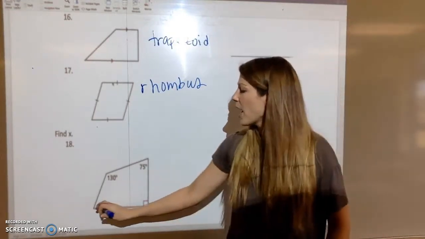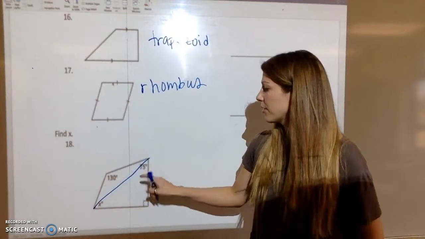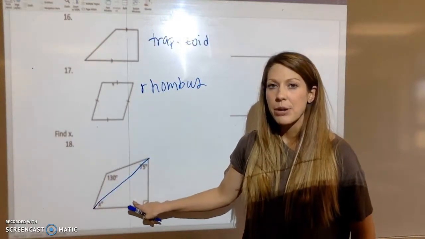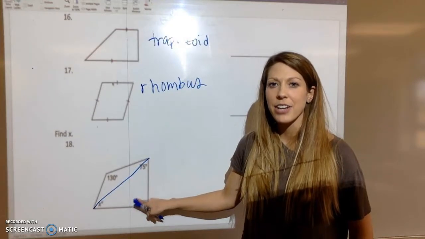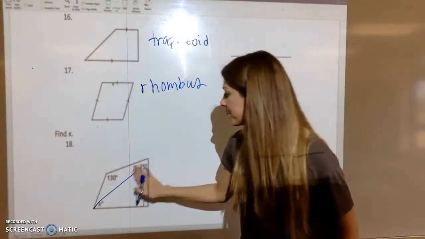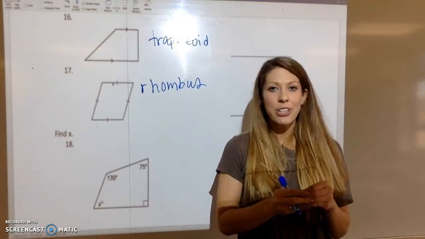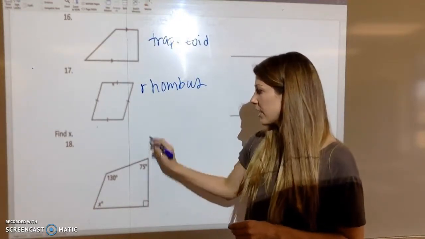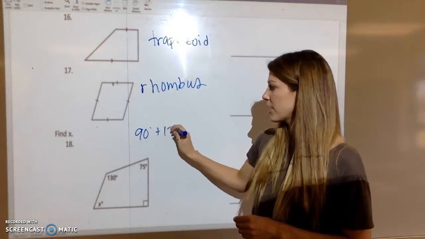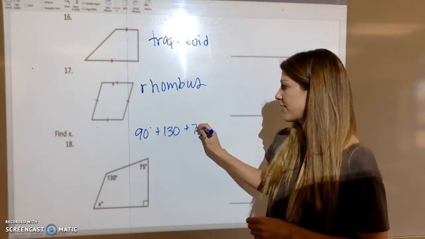And the reason why is if we divided a quadrilateral into two triangles, we have 180 degrees in this triangle and 180 degrees in that triangle, which makes 360. Okay, so all four of those angles have to add up to 360 degrees. Well, we have 90 degrees, we have 130 degrees, and we have 75 degrees.